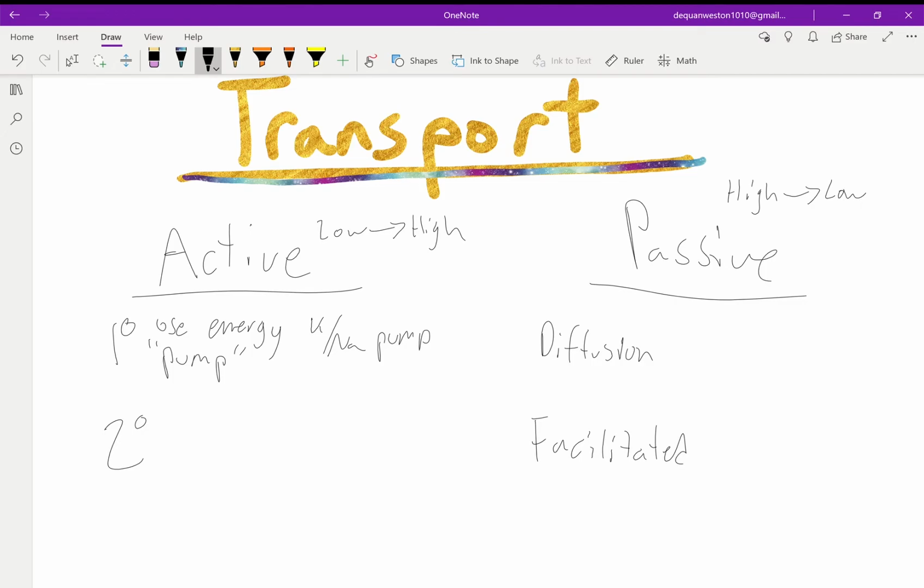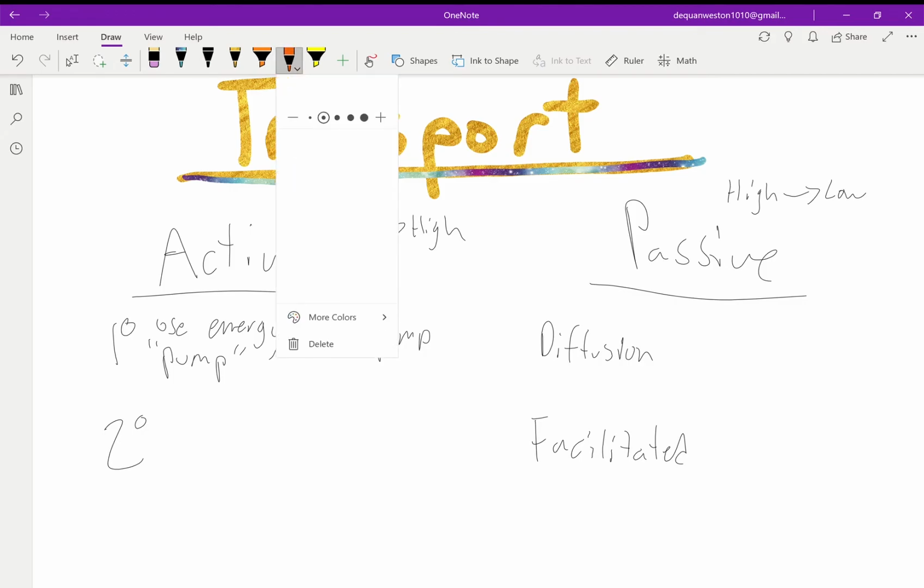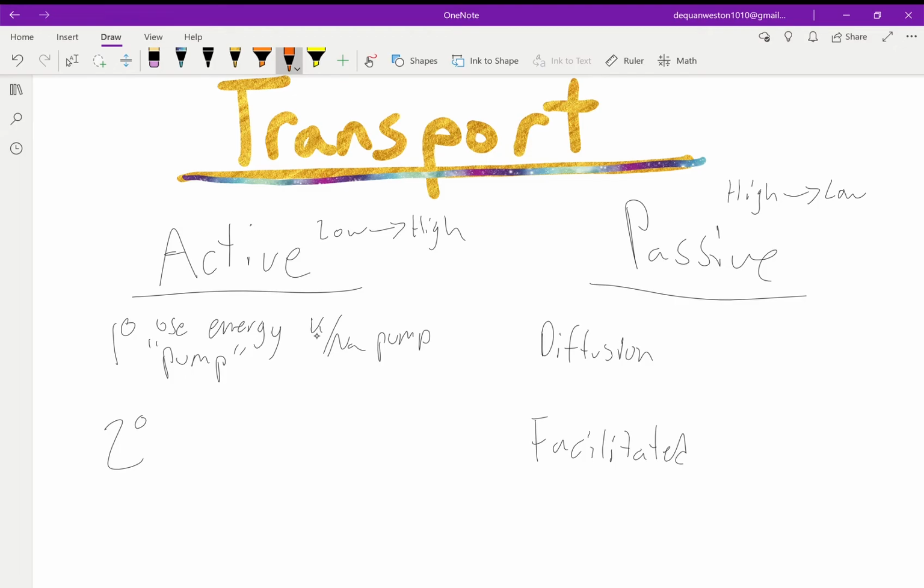A secondary active transport uses the energy potential, the kinetic energy from a spontaneous reaction, to power a non-spontaneous reaction. So let's draw that out so we can visualize it. This is spontaneous. This is non-spontaneous.